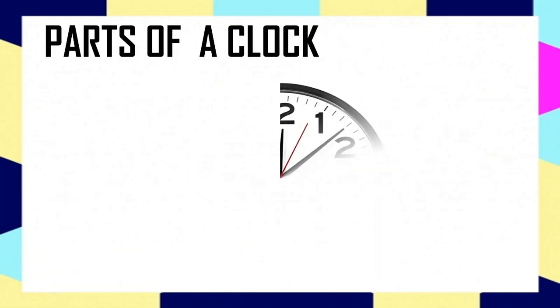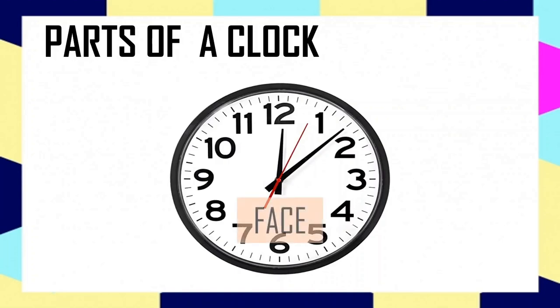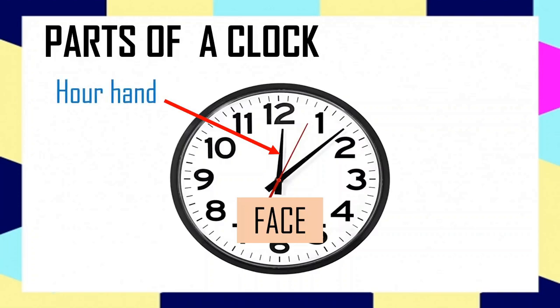Let's study the different parts of an analog clock. An analog clock has a face and also hands. The short hand represents the hour hand. There are 12 numbers in the clock, and each represents an hour of daytime or nighttime, while the long hand represents the minute hand.